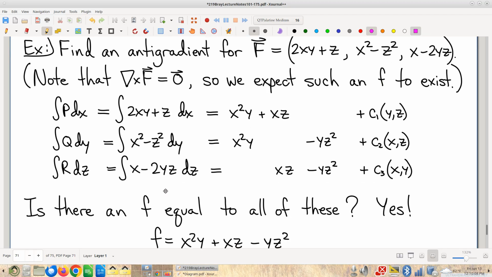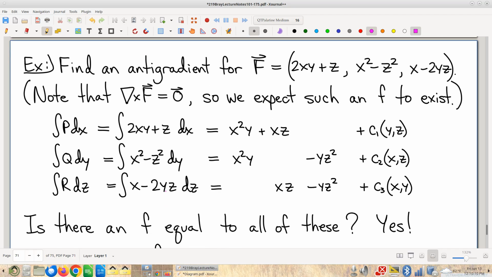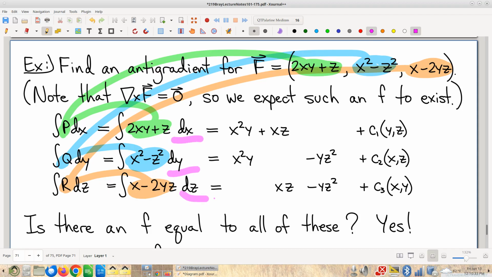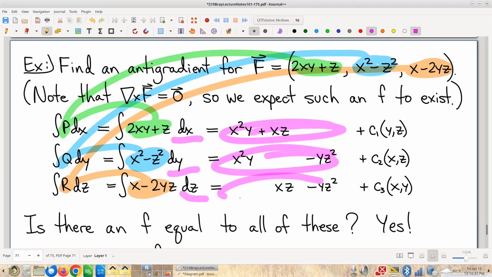So here's the example. P, Q, R. As described previously, we take the x, y, and z anti-partials, which give me these.